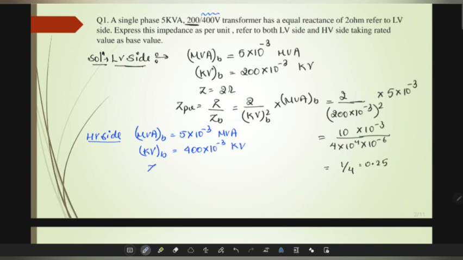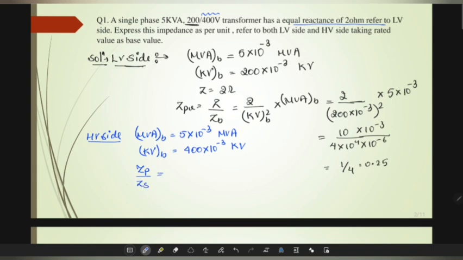Now what will be the actual value of impedance if you refer to the HV side? Earlier you had an equivalent impedance of 2 ohm referred to the LV side, right? So if you refer this value to the HV side, then what will its value be?